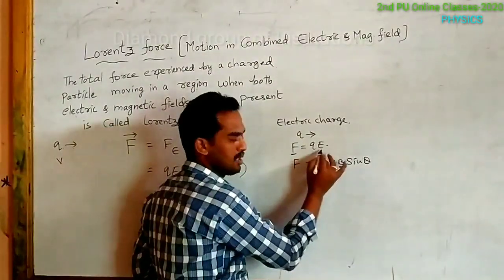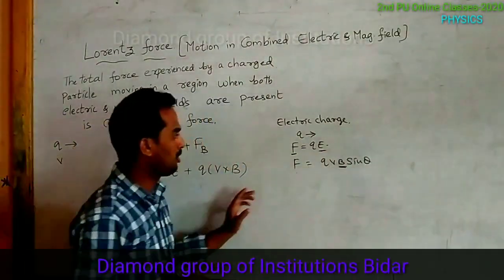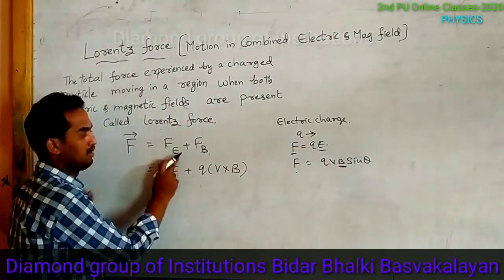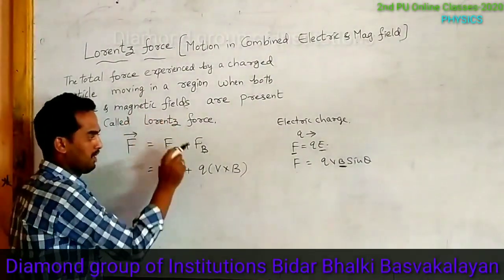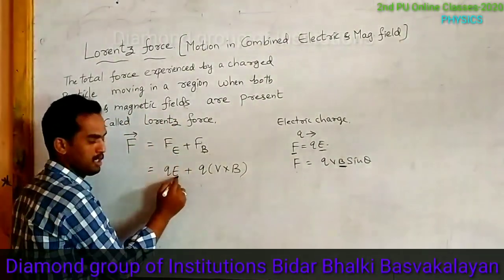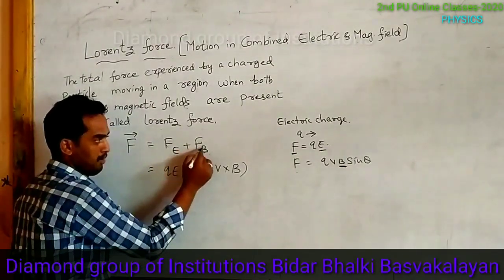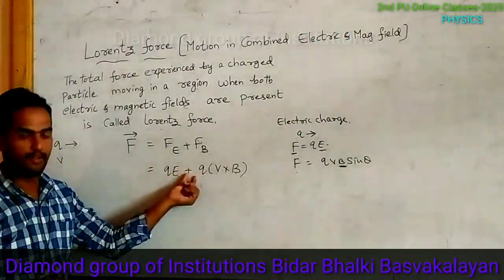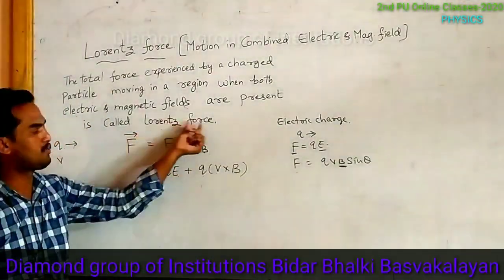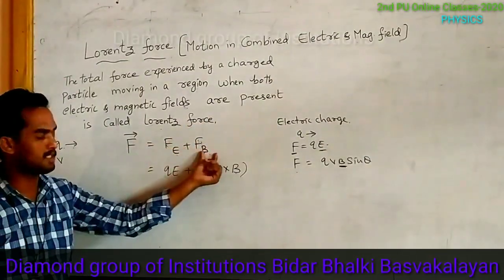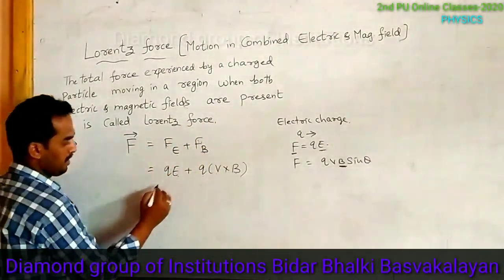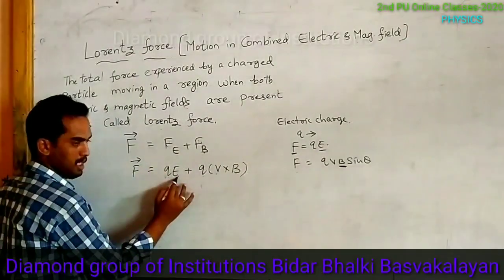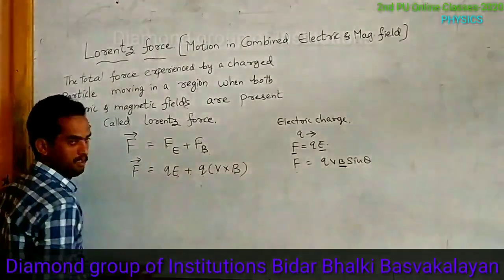Replacing these two equations here, the electric force is Q into E, plus the magnetic force Q into V cross B. Adding these two, the total force is called the Lorentz force, the sum of the electric and magnetic force. In vector form, F equals Q into E plus Q into V cross B.